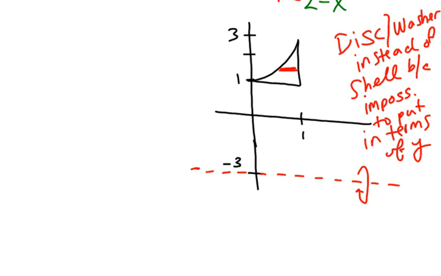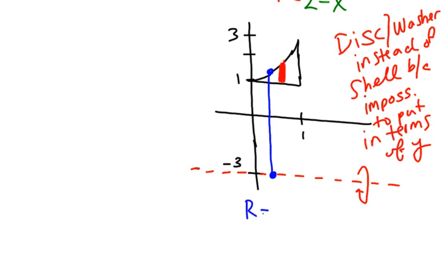So if you look at this one, we don't want to do horizontal cross sections, we're going to do vertical cross sections. Because remember, disk or washer, you do perpendicular cross sections to the axis of revolution. All right, so now this is going to be washer because you're going to have a huge gap. So remember, with washer, we need to have our two radiuses, or radii. So we're going to start with the big R, starts here at the axis of revolution, goes all the way to the outer function.